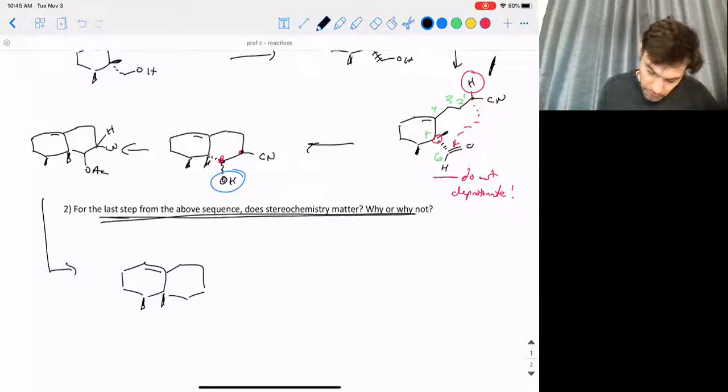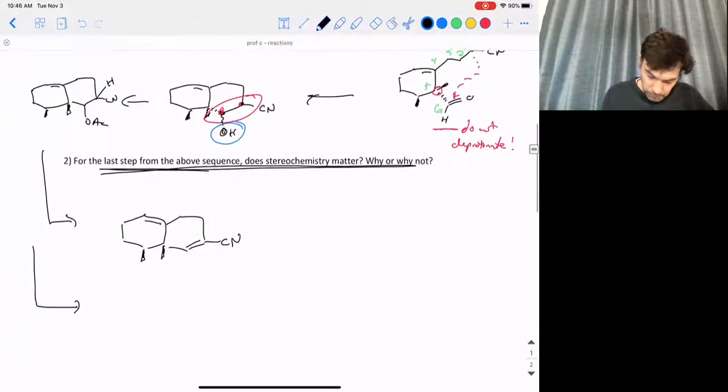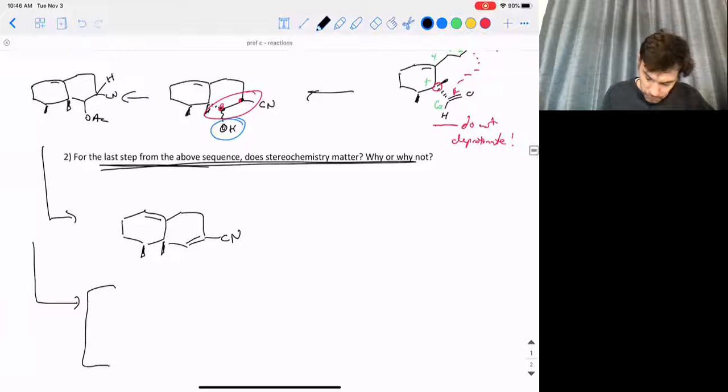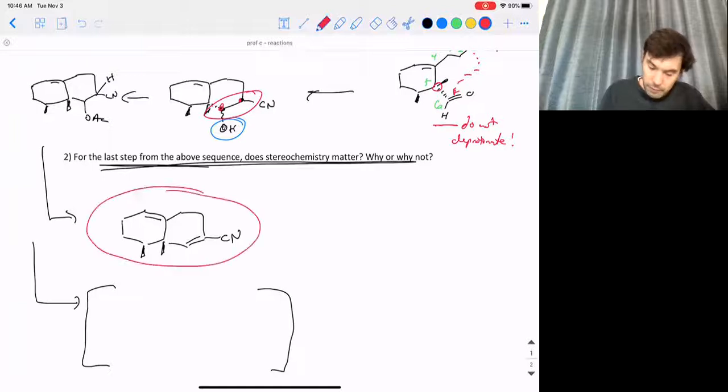And this question now asks, does this stereochemistry that we were looking at or thinking about up here matter? And the answer to that, you should think about while I draw. So this will ultimately be the final product of the sequence shown here.